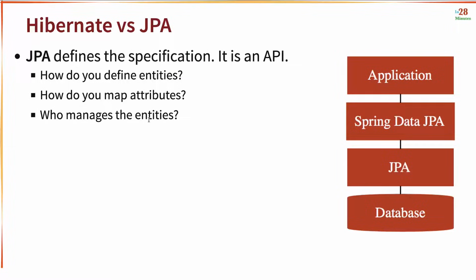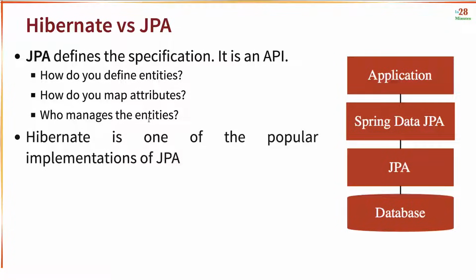It defines the methods which are exposed on the entity manager, for example. And Hibernate is one of the most popular implementations of JPA. So JPA defines the API. JPA defines how you can map your objects to tables, and Hibernate implements that. Hibernate is the most popular implementation of JPA.